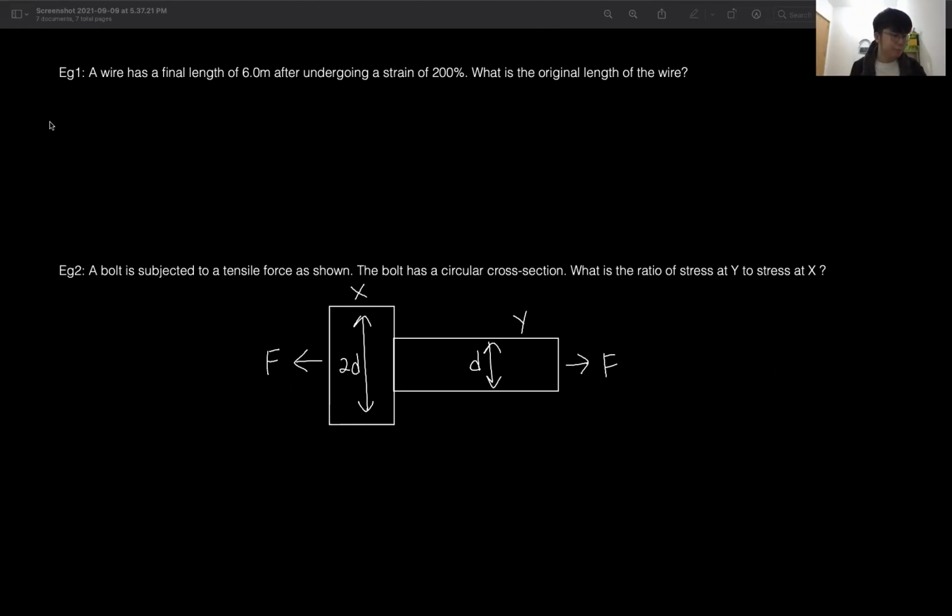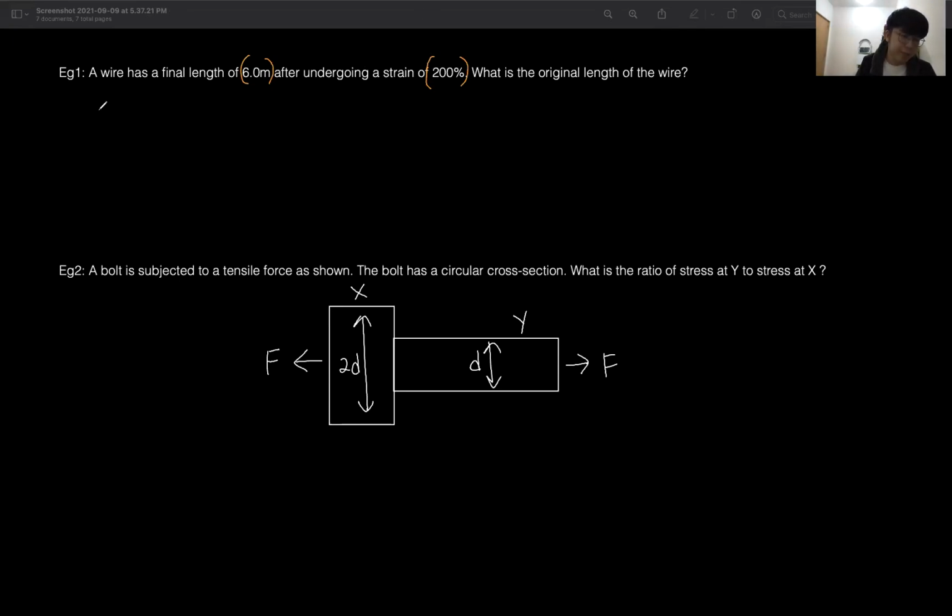Okay, example 1. A wire has a final length of 6 meters after undergoing a strain of 200%. Now, you see, it's given in percent. What is the original length of the wire? Okay, strain 200%. What is the strain formula?